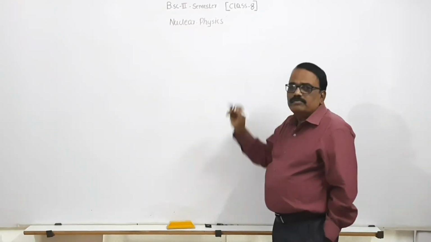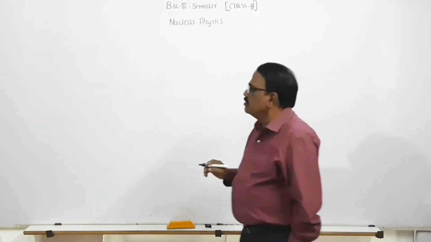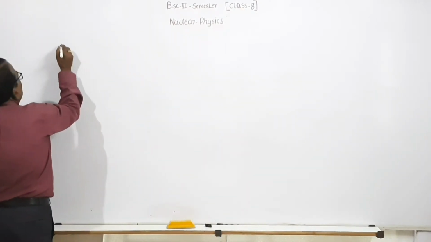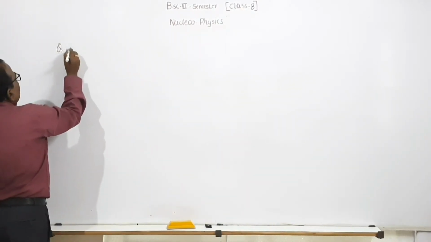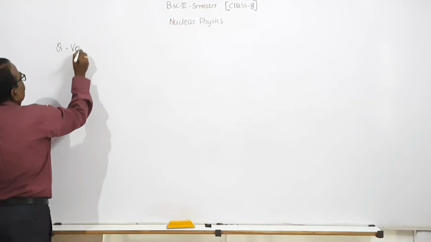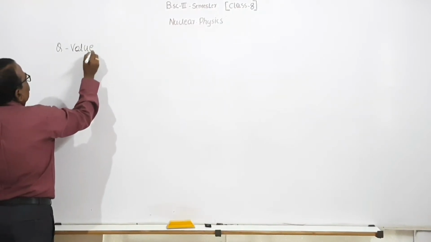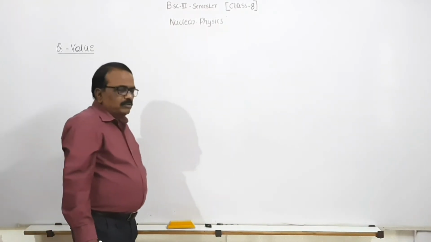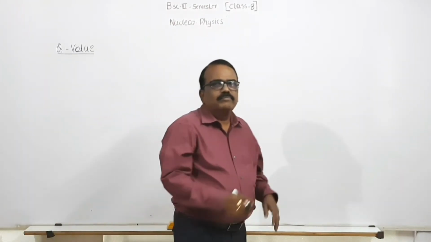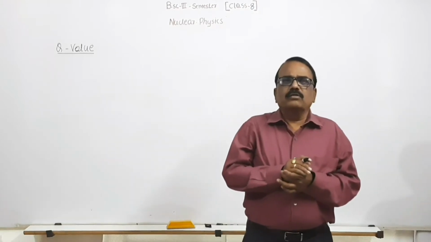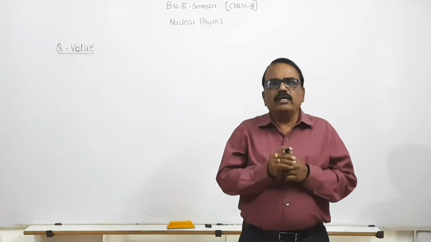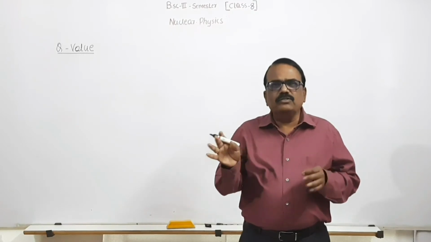Now, in this 8th class of nuclear physics, we have to study about Q value. These nuclear reactions are similar to ordinary chemical reactions in which energy changes take place.